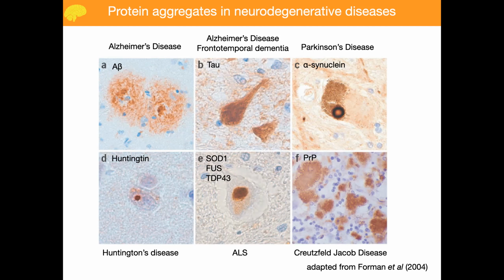These can be point mutations, or these can be just amplification of the wild-type proteins, or mutations in enzymes that process these proteins. So the human genetics tells us that something about these proteins can be driving disease, and in vitro studies suggest that these mutations can make the proteins more aggregation prone.